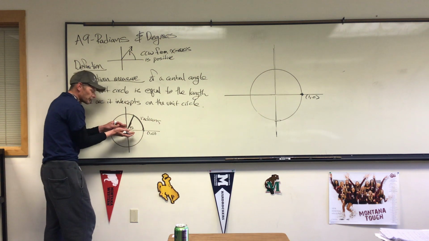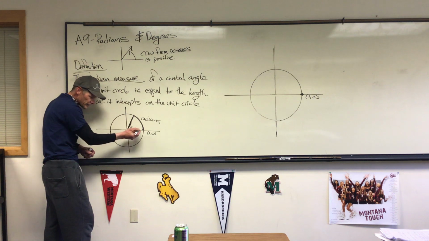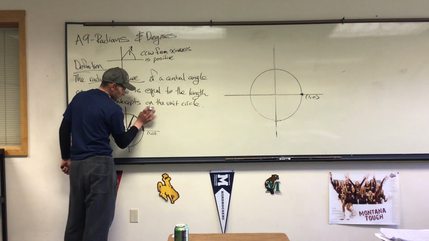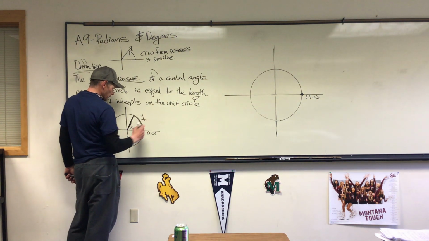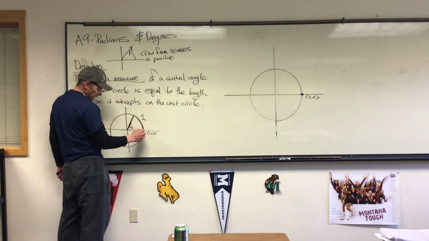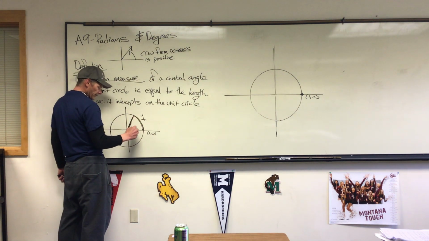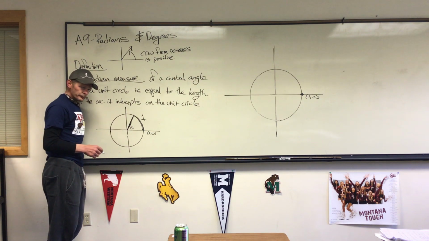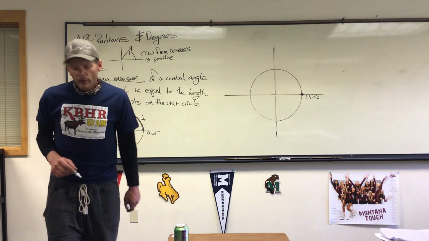So instead of using a protractor and finding out how much this opens, we're going to measure this arc. And that's radians. Okay? So if this has a length of 1, notice that here this is 1, and maybe this is a length of 1, then that angle measure would be 1 radian. Okay?